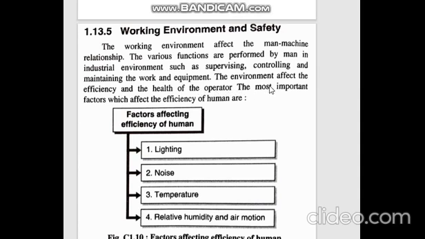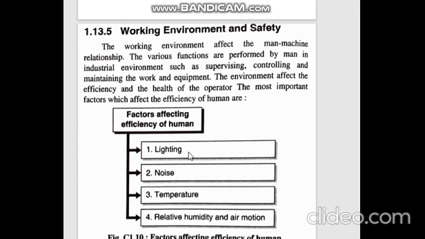The environment affects the efficiency and the health of the operator. So the most important factors which affect the efficiency are listed here in this figure.